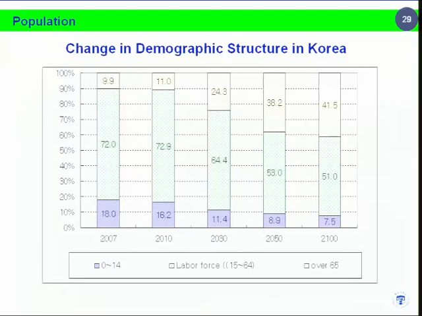Currently, the age group over 65 years old, according to Korean sociologists, in the demographic structure is less than 10%. But by the year 2050, it will increase to almost 40%. By the year 2100, it's almost 41 or 42%.